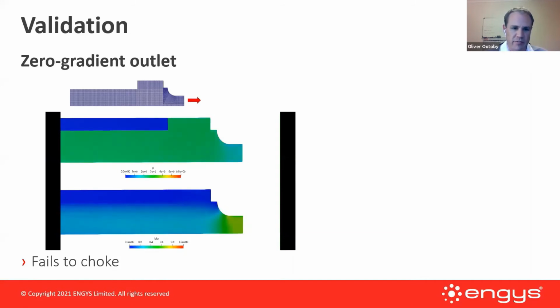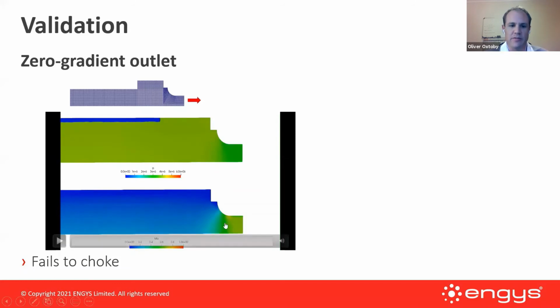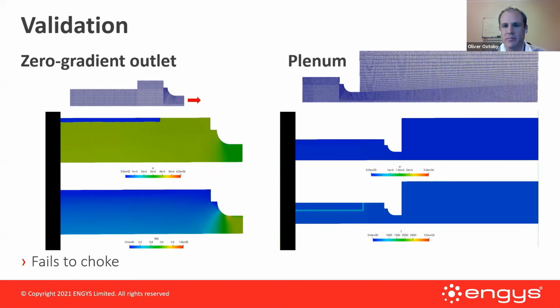Having a look at the animation for that, what we see plotting the Mach number in the lower pane here is that we don't actually get the choked flow that we expect in the throat of this nozzle. The Mach number remains at about 0.6 to 0.8. So to investigate this further, we just added a plenum to this outlet here.